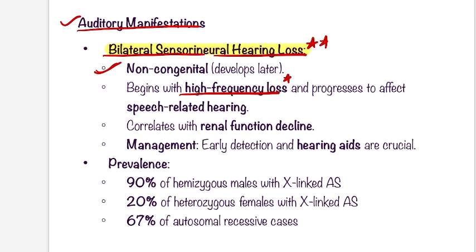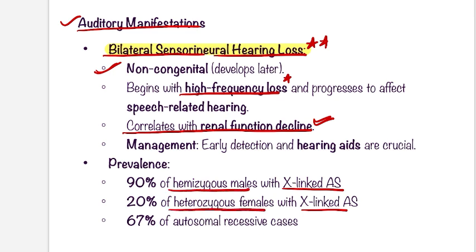Does it correlate with renal function decline? Yes, it correlates with renal function decline. The prevalence is seen more in X-linked Alport syndrome, more in hemizygous males than in heterozygous females, and in autosomal recessive cases, 67%.